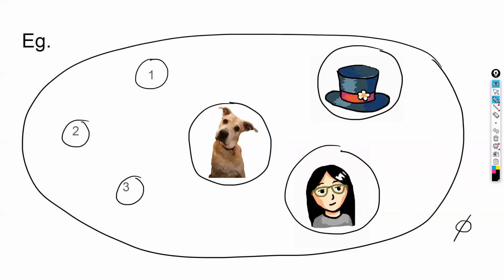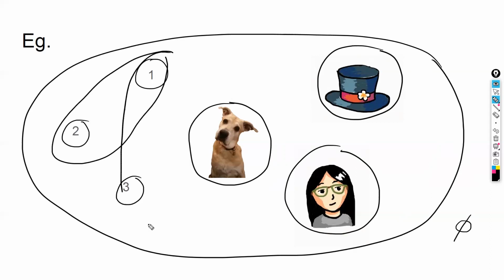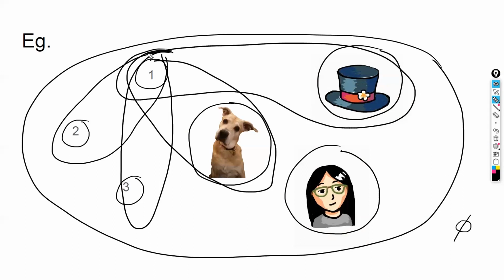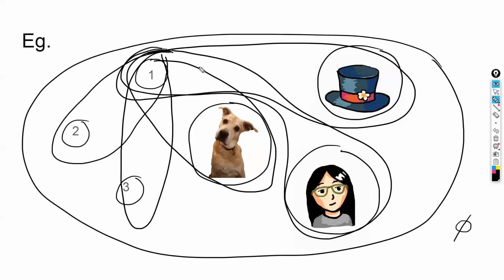And now let's take unions. All right, well, pairwise, I'm going to be able to pair 1 with 2, 1 with 3, 1 with dog, 1 with hat, 1 with Angela. That's just 1.